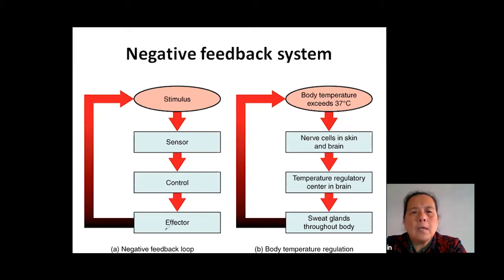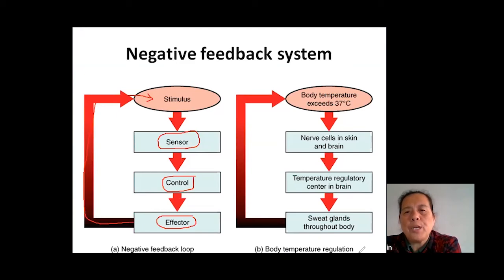These are the receptors, the sensory part that receives information and sends it to the control center, and then it goes to effectors, and then they send information back. Some effector stimulation, and then the sensory part receives information again. On the right side is an example: body temperature. The body temperature is changing.